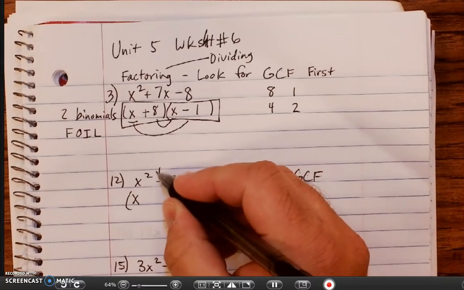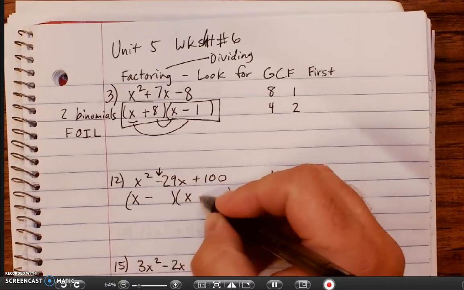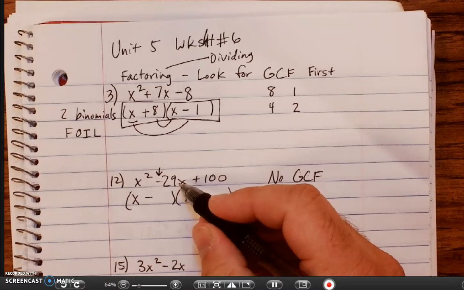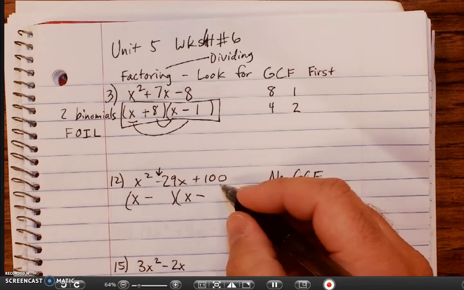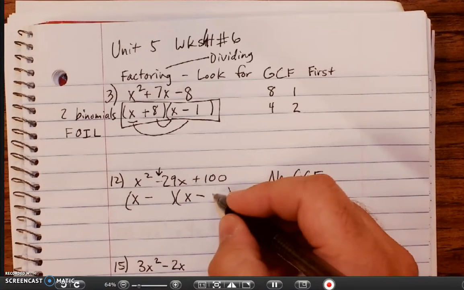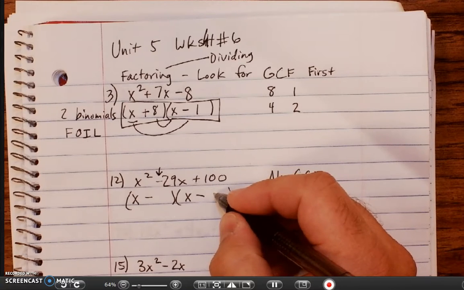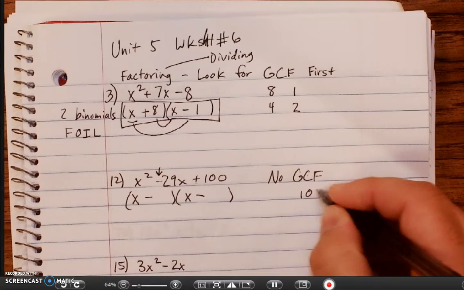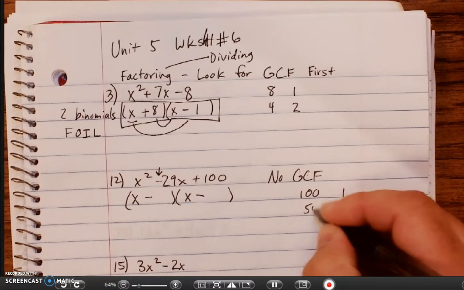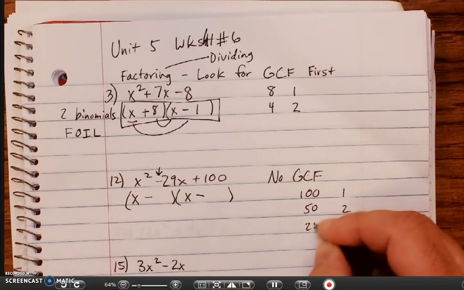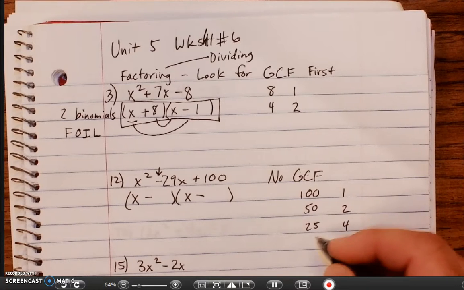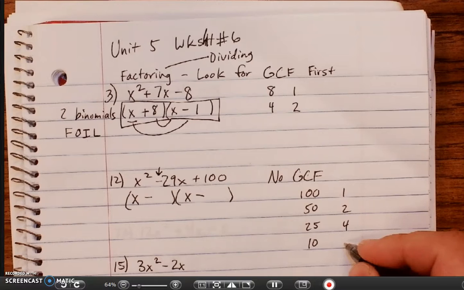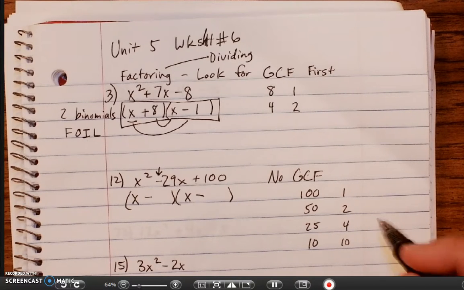What is it going to be? They're both going to be negative, because the only way the outsides and insides are going to add up to -29x is if the 2 numbers are negative. So then you start thinking about your 100 times 1 and 50 times 2 and 25 times 4, and what other things we got here? 10 times 10 to go into 100.